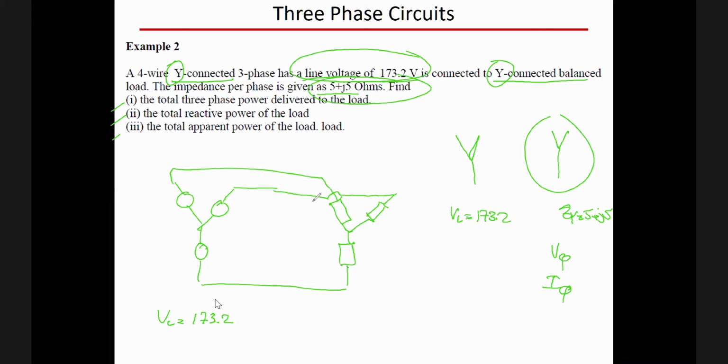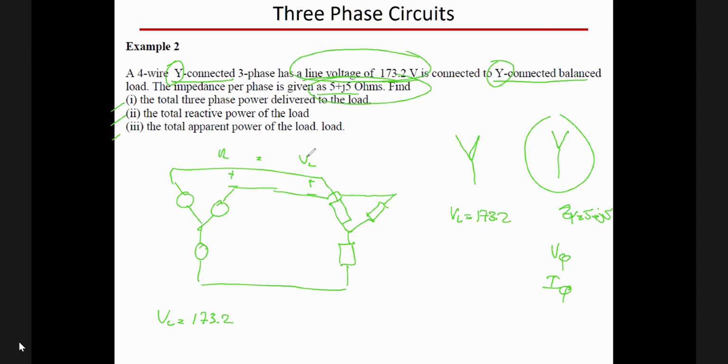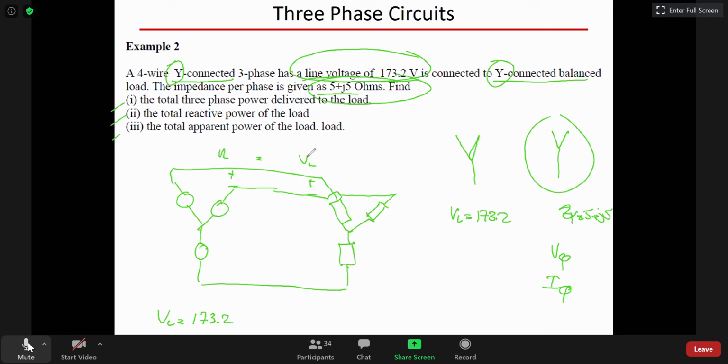Well, it means that the line voltage at the source side is the same as the line voltage at the load side. Do you agree? V line here will be V line here. There is no voltage drop between them because we don't have any impedance in the transmission line. So this voltage here is also 173.2.